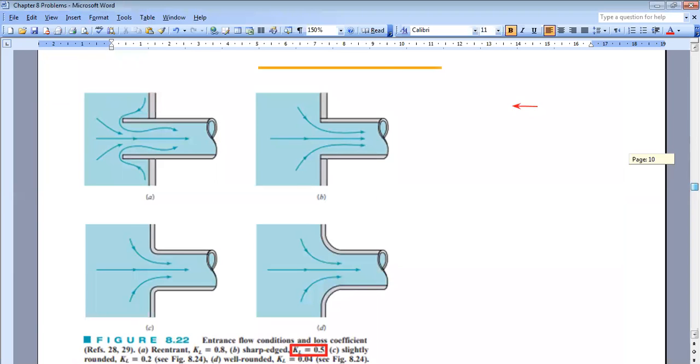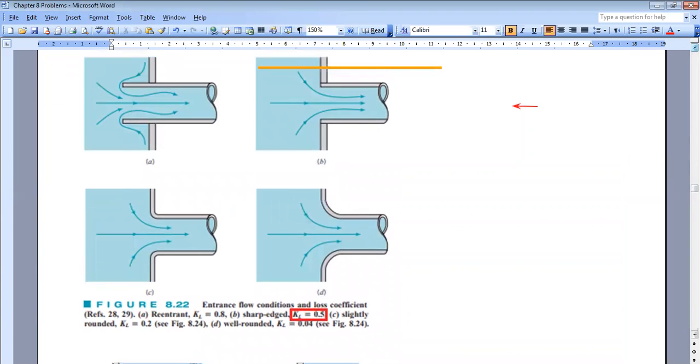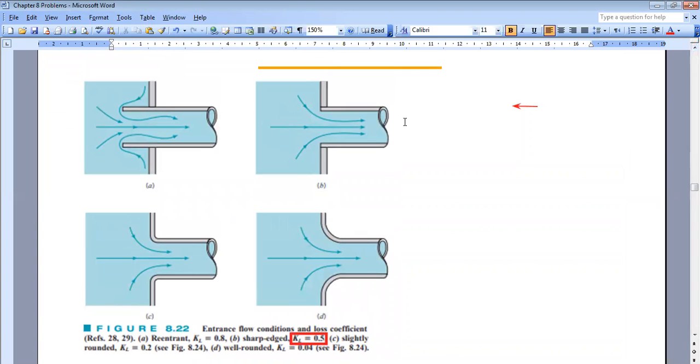I have a sharp reduction, and it is a sharp edge. So I will select option B because option B corresponds to my case. For this configuration of a sharp-edged entrance, I have that KL is equal to 0.5. So I will select that the loss coefficient for this part is 0.5.